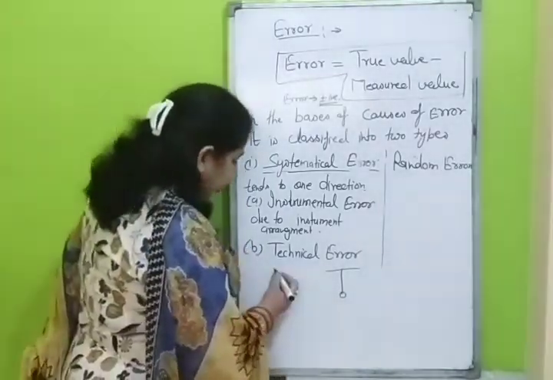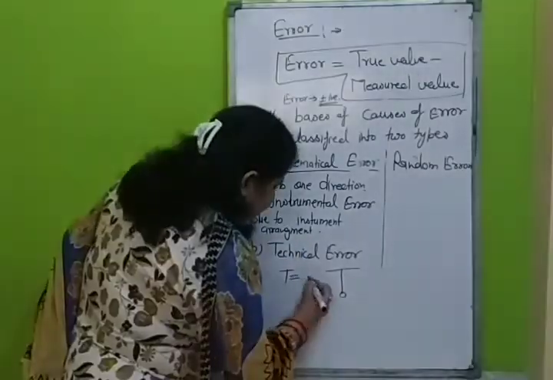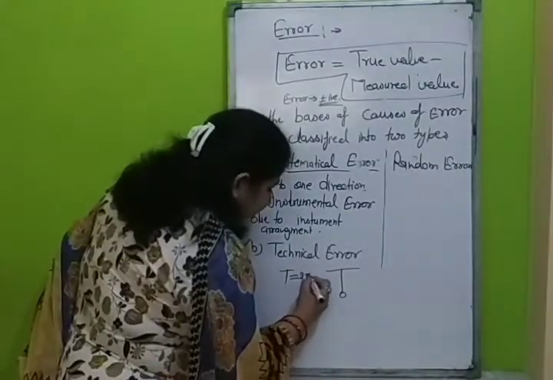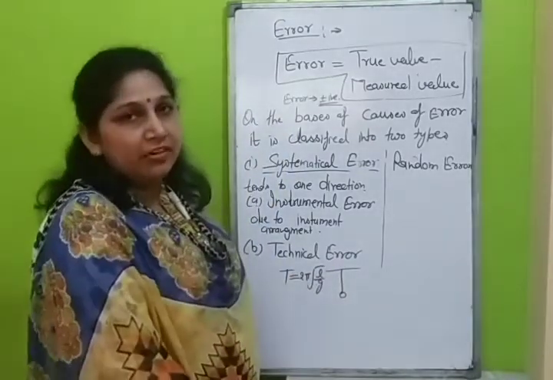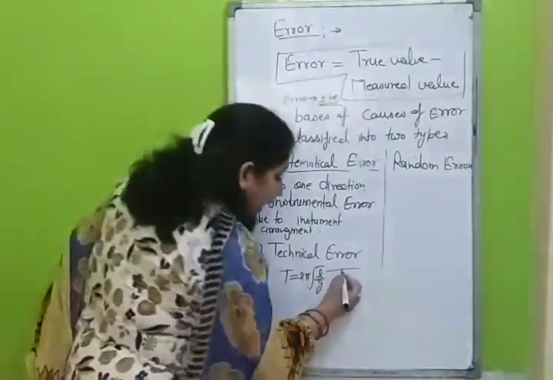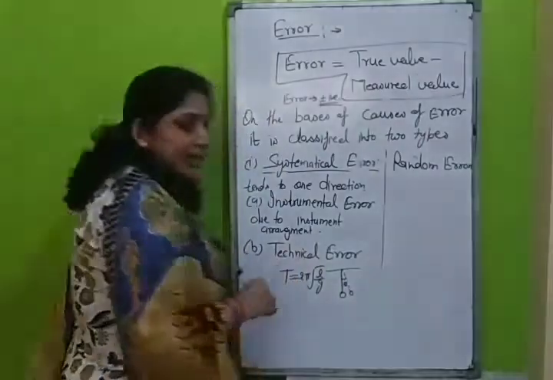Suppose we have to find out the time period of a pendulum, for which we have taken the angle very small and derived the formula T is equal to 2 pi under root L upon g. This formula we have derived by taking the angle of maximum displacement theta very small.